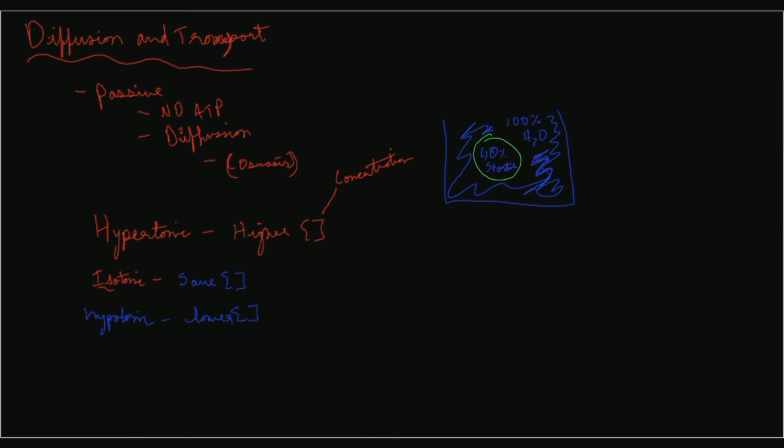If there's 40% starch inside the cell, then we can conclude that there is 60% water.